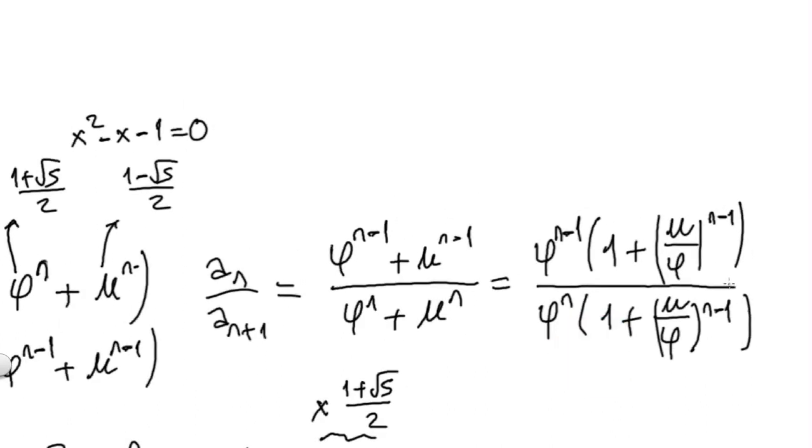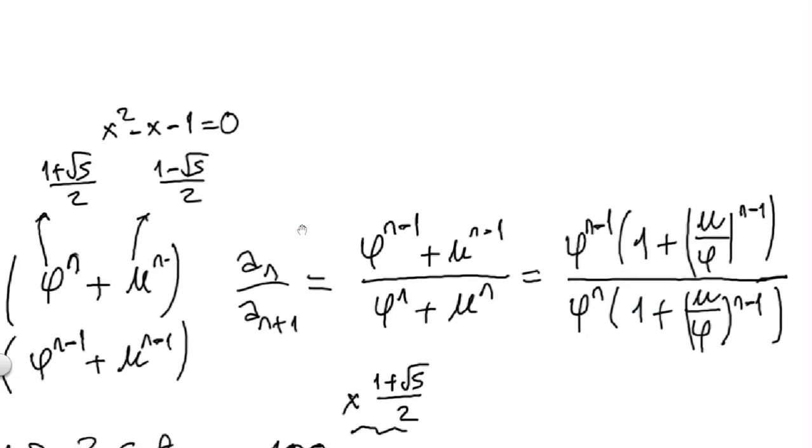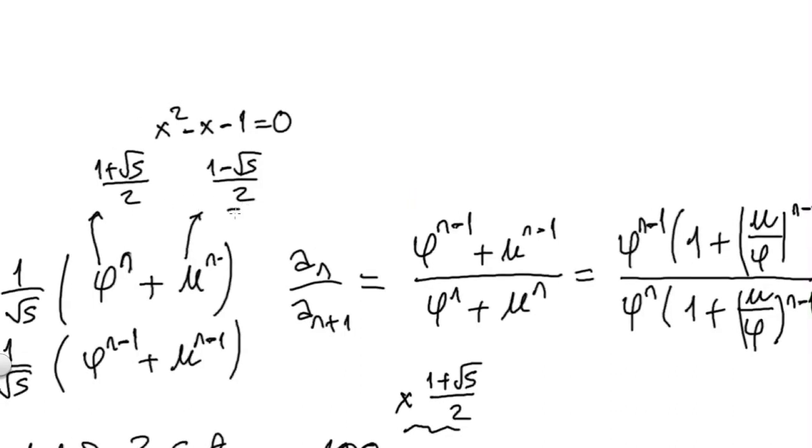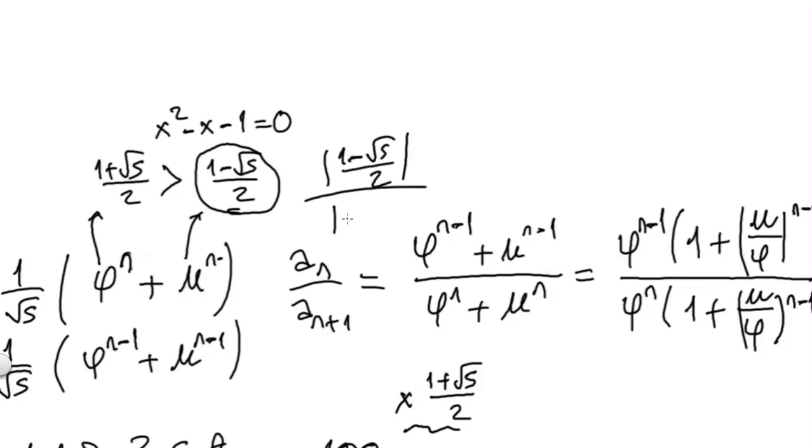so here the only thing I can notice is that, of course, mu is smaller than phi, so this is bigger than that. And if I take the ratio and take it in absolute value, 1 minus square root of 5 over 2, which is mu, over phi, which is 1 plus square root of 5 over 2, this is of course less than 1, because this one has plus, this one has minus, so it is smaller in absolute value.